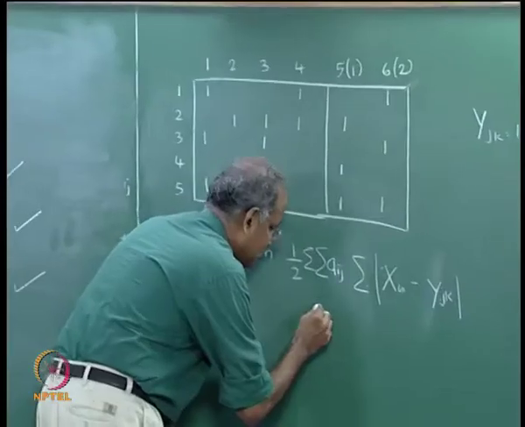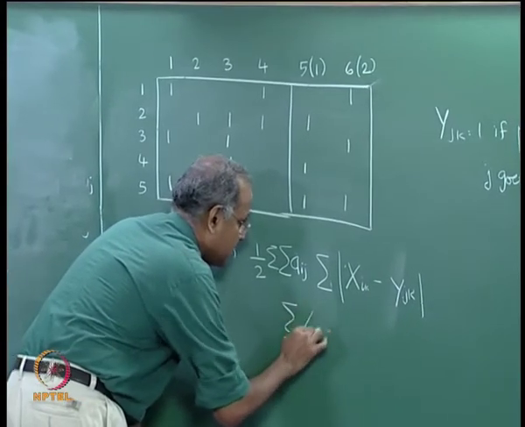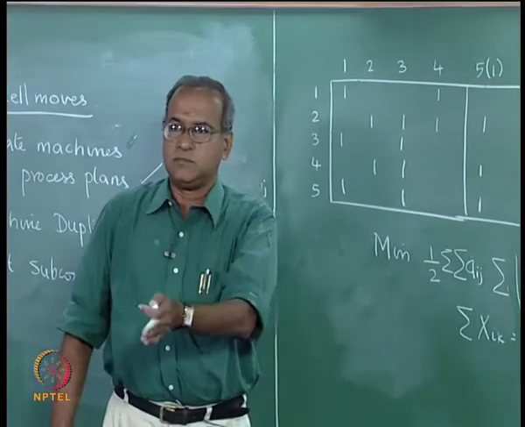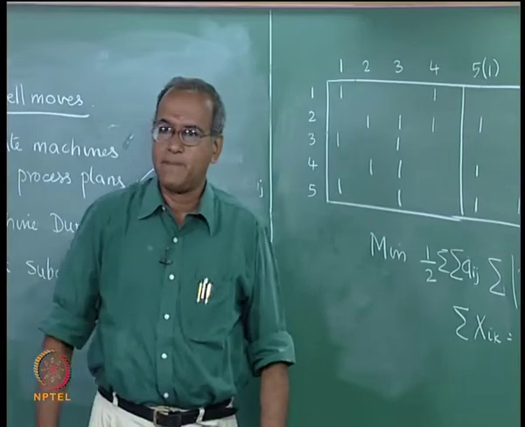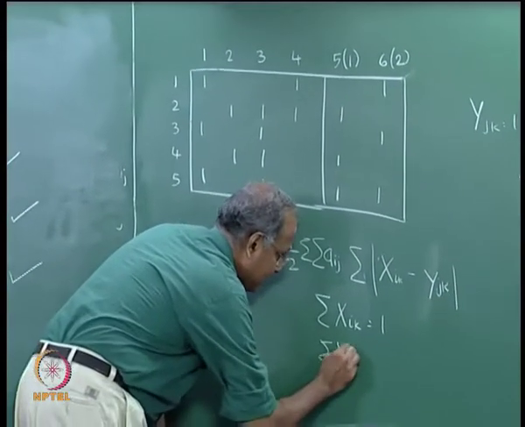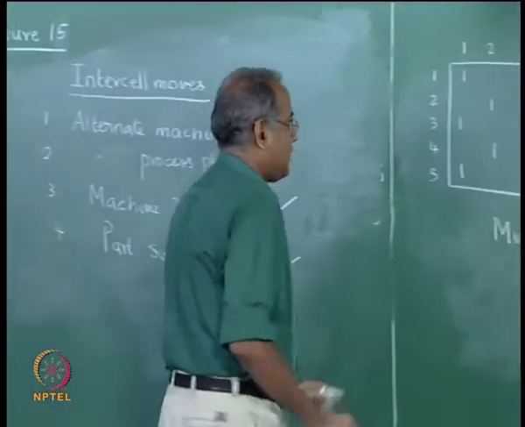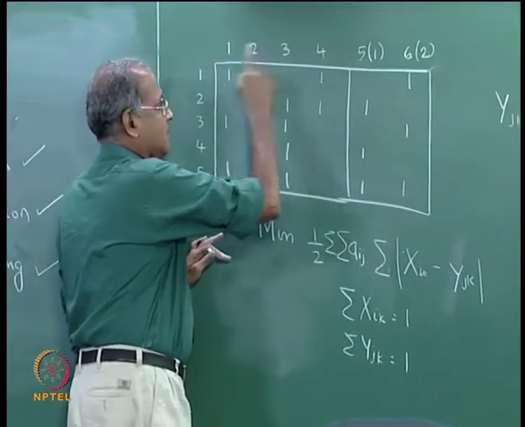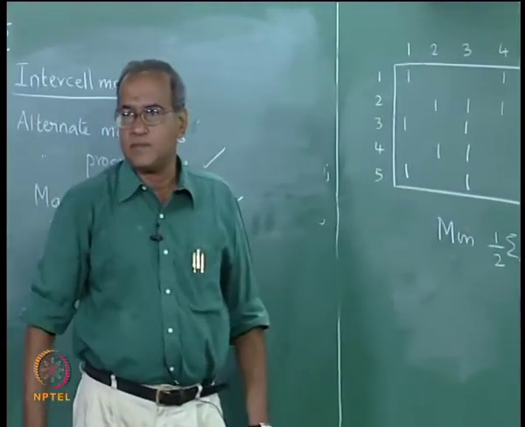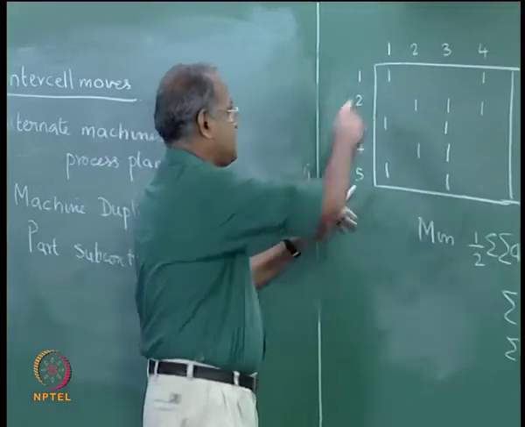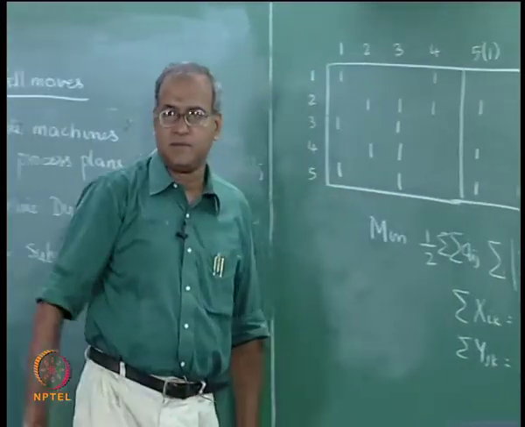Then we will have this condition that sigma x_ik equal to 1, because each machine goes to one cell, sigma y_jk equal to 1, each process plan will go to one cell, plus we now know that it is enough to choose this or enough to choose this. We will not choose both, because part 1 can be done by using this process plan or this process plan.